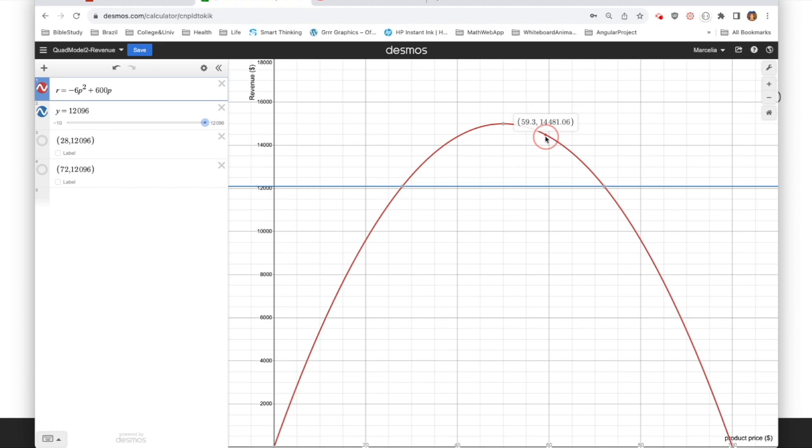So there exists an ideal price, and the prices you are satisfied to sell for are between those two. Any price between 28 and 72 will make at least this amount of revenue.